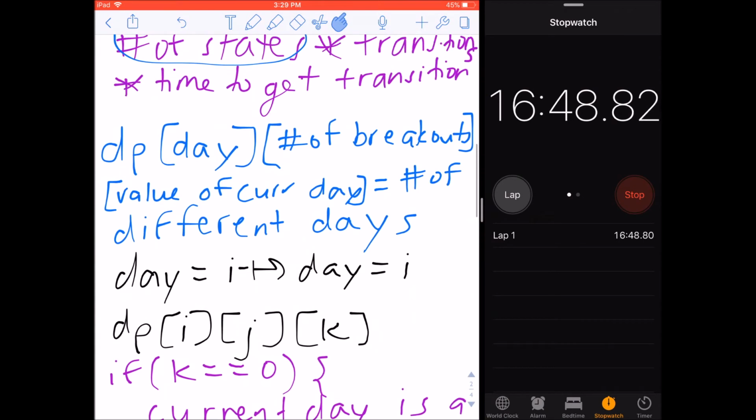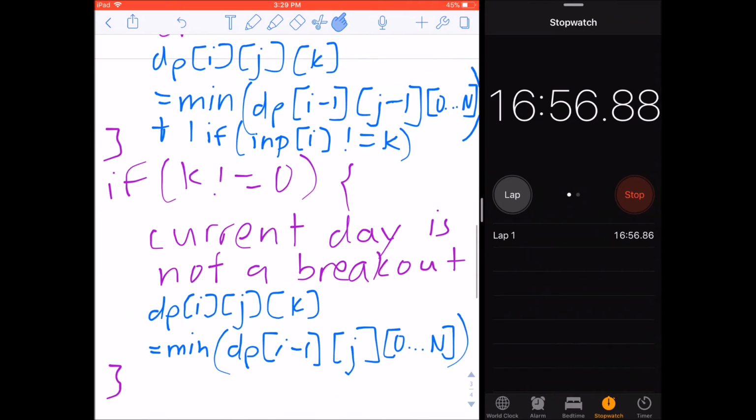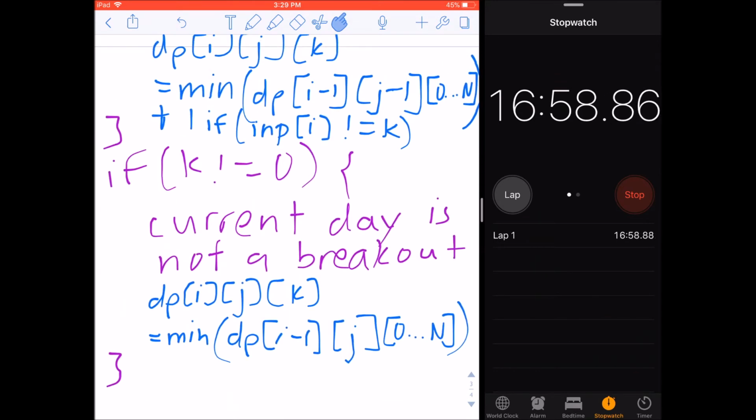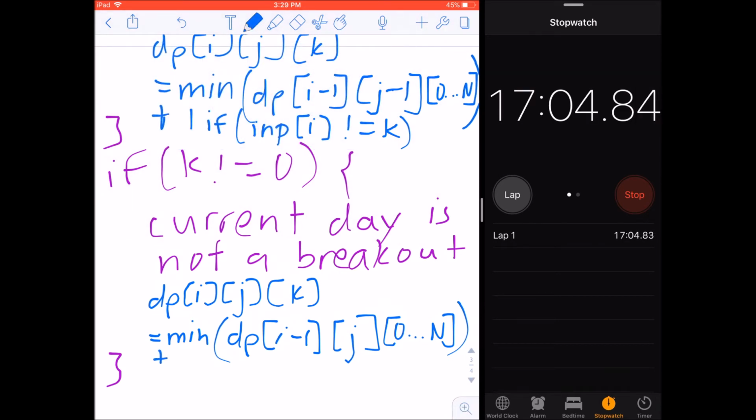Recall the DP value equals the number of different days. So we want to add 1 if it's different. And we have to do the same thing for this DP value here. Plus 1 if input of I is not equal to k.